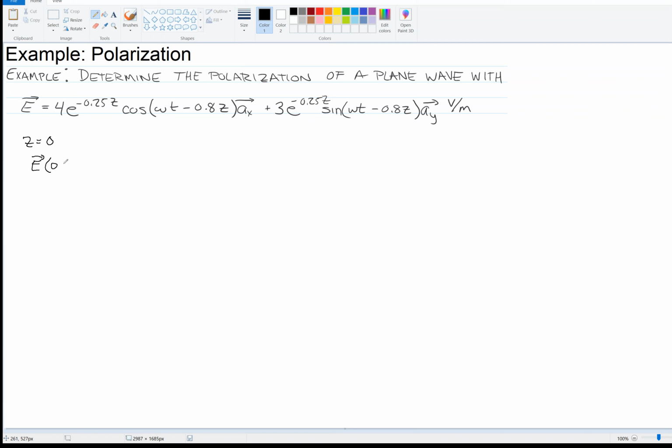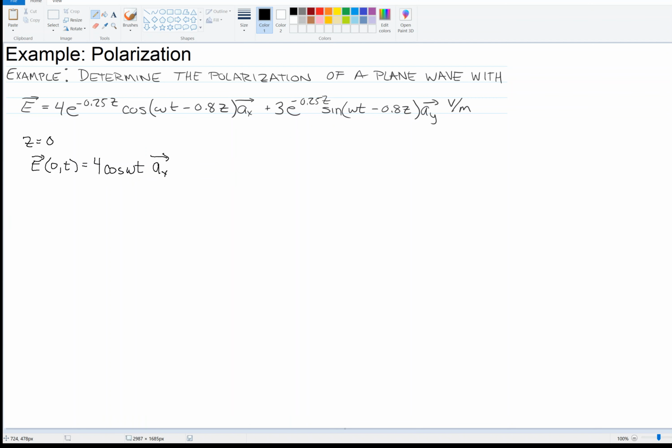So I'm going to just write the mathematical expression of the wave at 0, comma t. Remember, there are two variables here, t and z. All right, so at z equals 0, the amplitude of the cosine wave is just 4, and then we have cosine of omega t, and that's in the x direction.